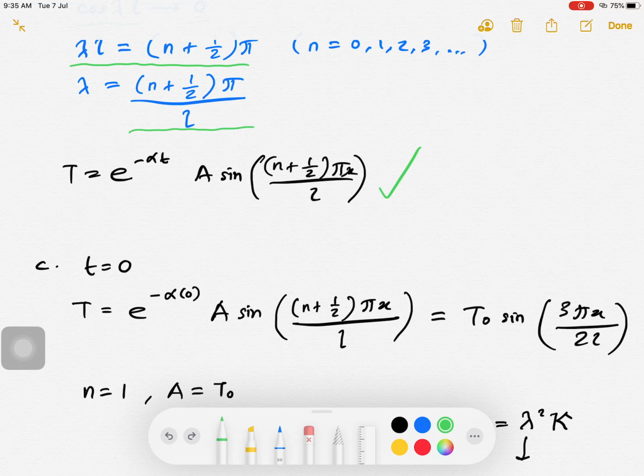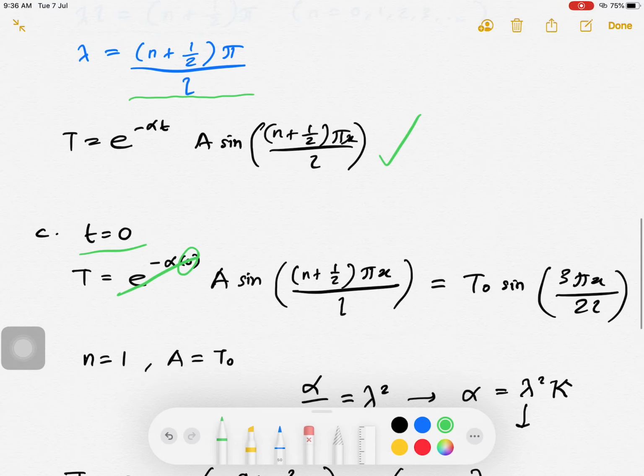So we just put them inside this equation. So we have time t equal to 0. So we put that inside the equation, and we can eliminate the exponential component, because it is equal to 1.